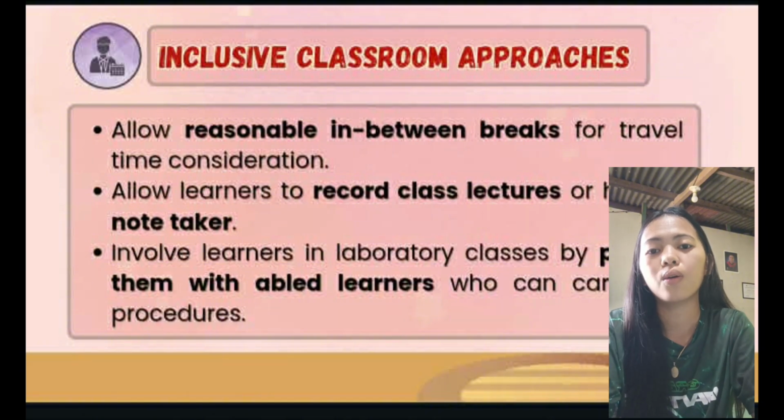Naa po'y okay, walay disability. So dapat i-partner nato sila para katong naay disability, dili sila maglisod. For example, katong walay disability na learner, siya ang mo-buhat sa physical na kuan, dayon katong disability in moving and walking siya ang mag-dictate or siya ang magsuwat, di ba? At least nakatabang sila, collaborative.